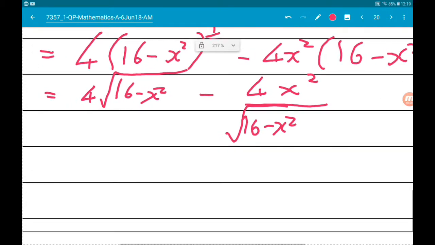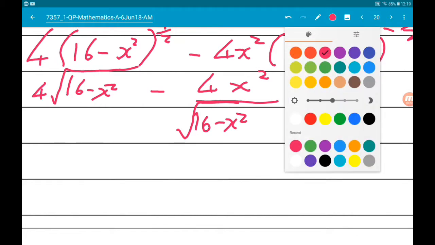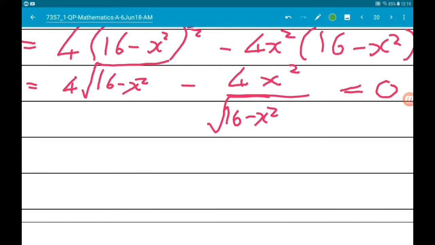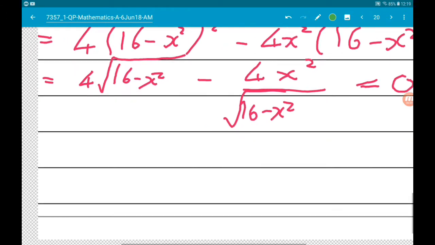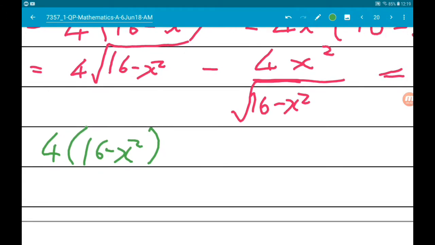Now, if we set that equal to 0, we can start solving for x. So, if we multiply through by root 16 minus x squared, we're going to get 4 lots of 16 minus x squared. So we multiplied that root by the same root. The roots become a power of 1. We get that minus 4x squared is equal to 0.